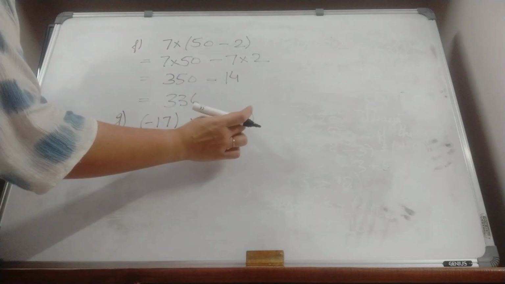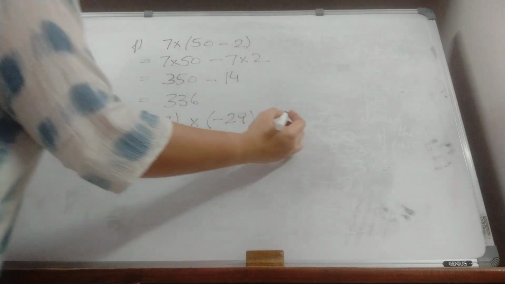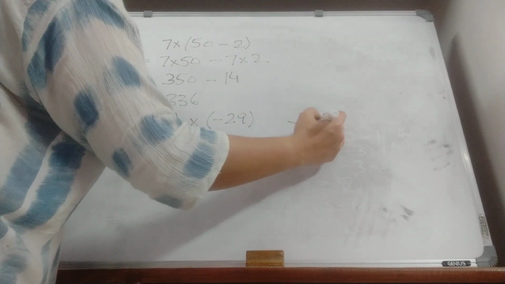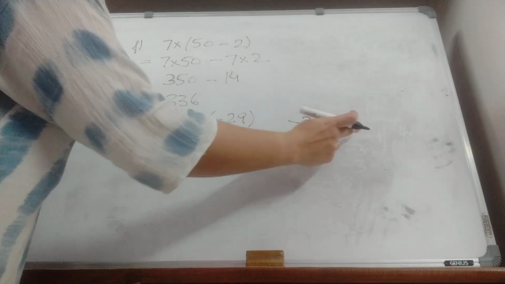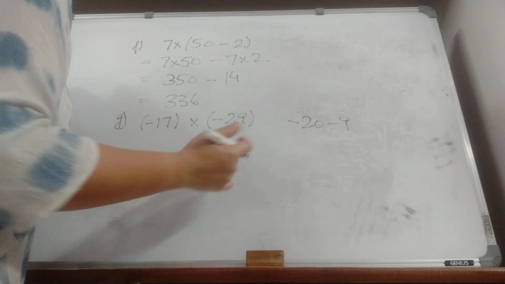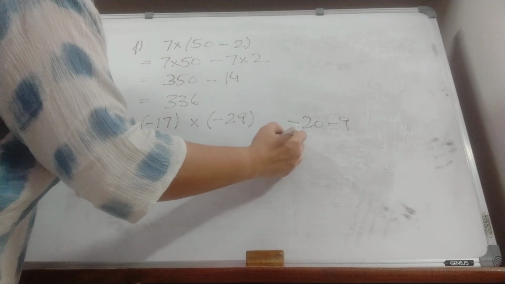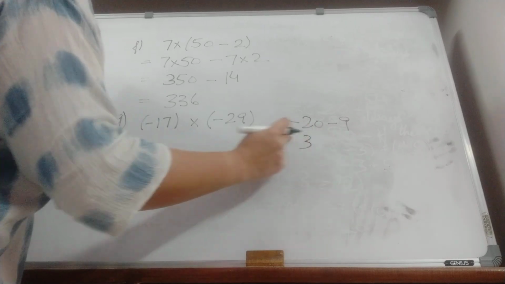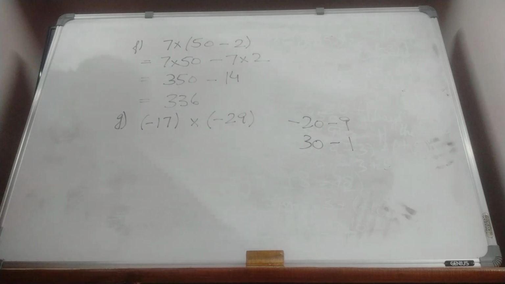Now let's see 29. There are two ways to get minus 29. One is minus 20 minus 9, which will be minus 29. But in this, obviously, I need to multiply by 9, which is not so oral. You may make a mistake. We preferably want a 1. So, if I write 30 minus 1, will it give me minus 29?